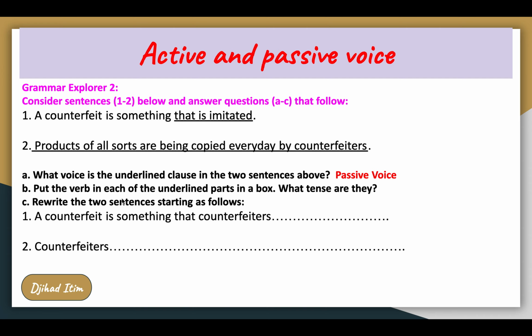We have question B. Put the verb in each of the underlined parts in a box. What tense are they? For the first one, the verb is imitated and it is in the present simple, because we have the verb to be, is, in the present simple: is imitated.